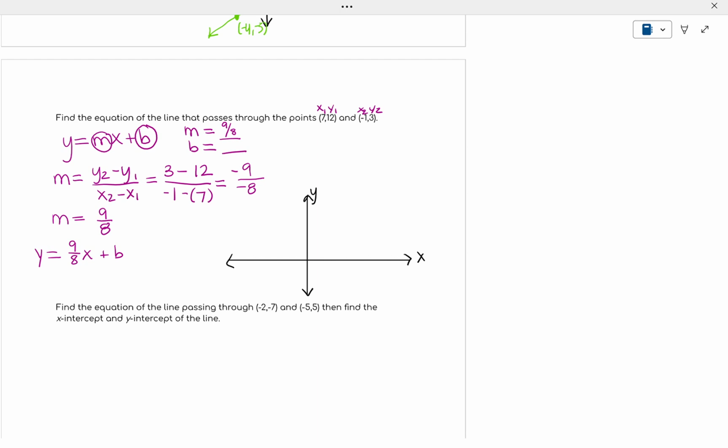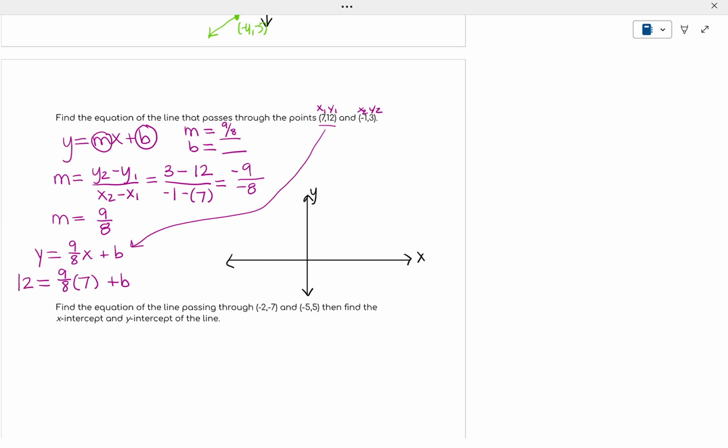And how we can find b is by substituting one of these points into this equation. So let's choose the first point, 7, 12. So y in this case equals 12, and 9 over 8 times x is equal to 7 plus b.